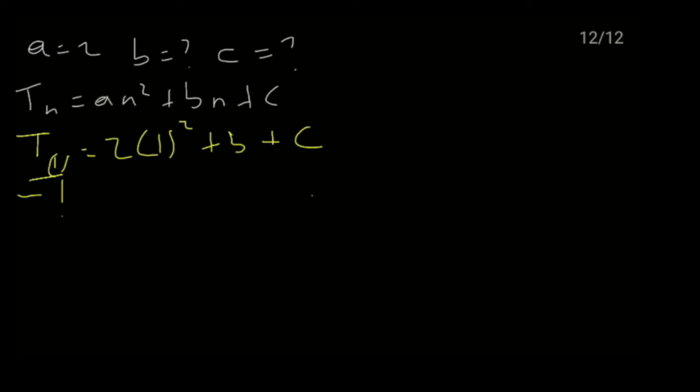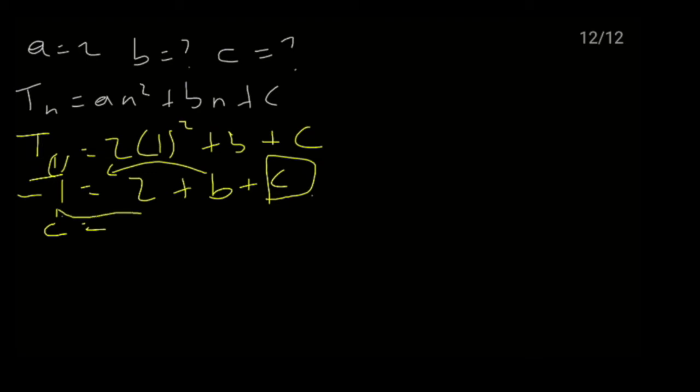So here we are going to have -1 equals 1 squared is 1 times 2 is 2 plus B plus C. So here I'm going to isolate C, make C subject of the formula, meaning I'm left with C equals, I take that to the other side, I take this to the other side, I'm left with -1, -2 is -3, and then the B goes to the other side, it becomes a negative, meaning I'm left with -B minus 3, right?